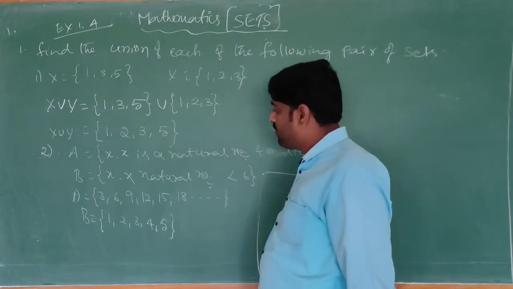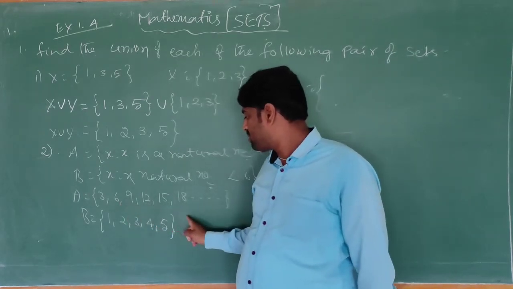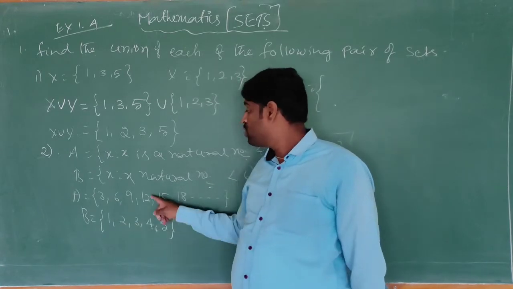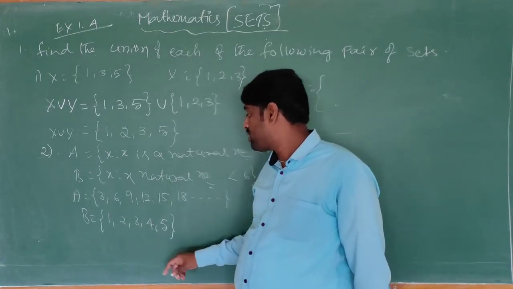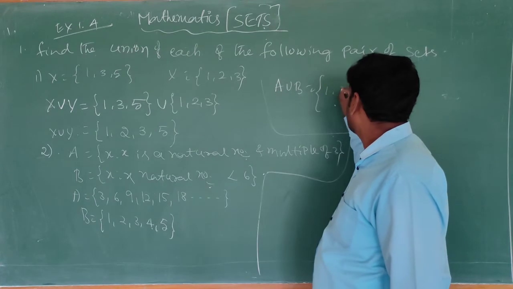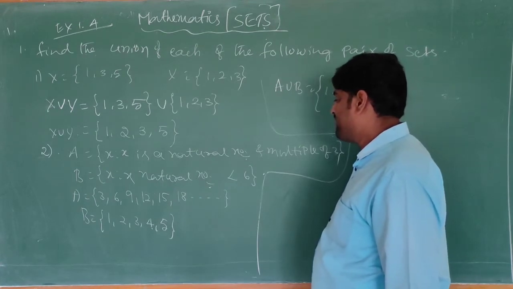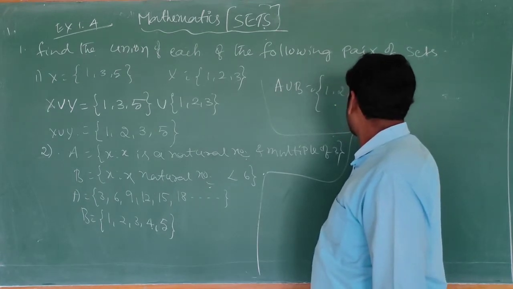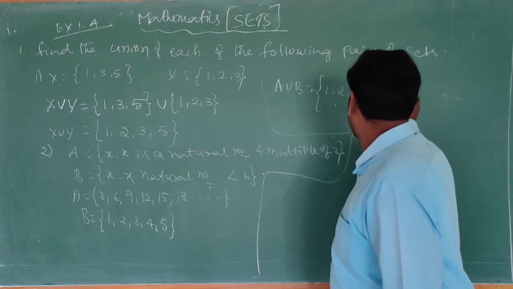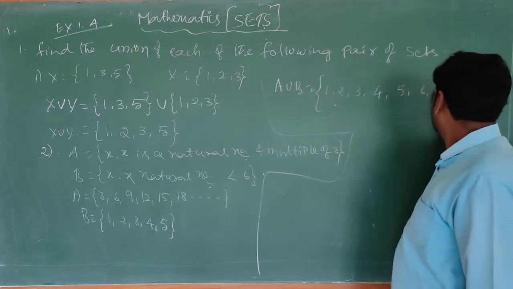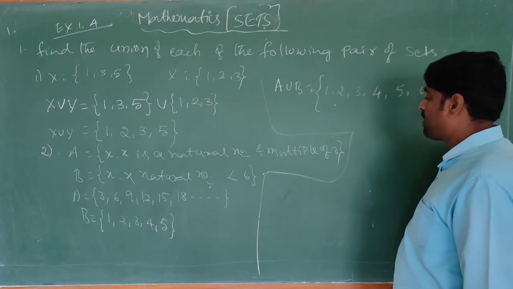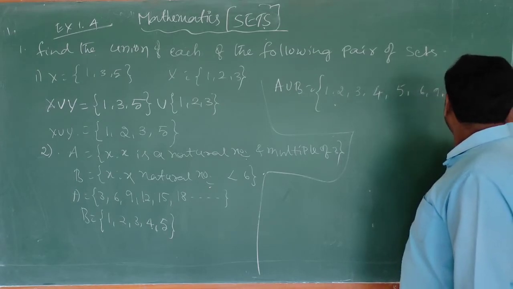Now I want to find A union B. This is the A set elements, this is the B set elements. We should write together: 1, 2, 3, 4, 5, 6, 9, 12, 15, and so on.